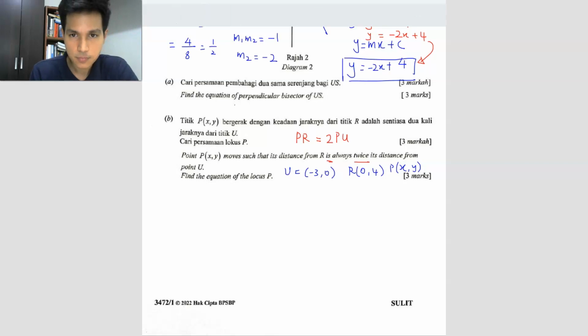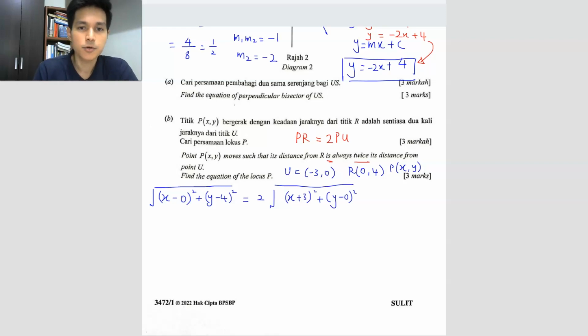So coming back, PR, so P is (x, y), so square root of x minus 0 squared plus y minus 4 squared. So the distance PR equals 2 times the distance PU. So square root of x minus negative 3, so plus 3 squared, plus y minus 0 squared.